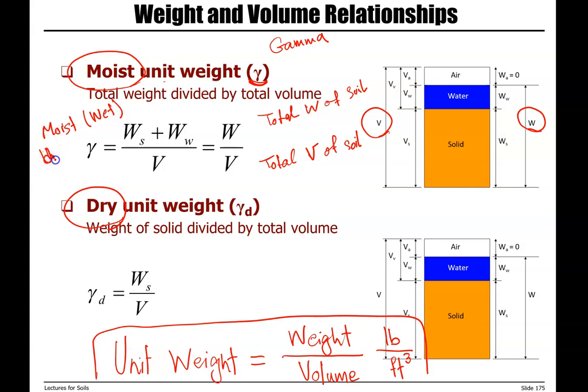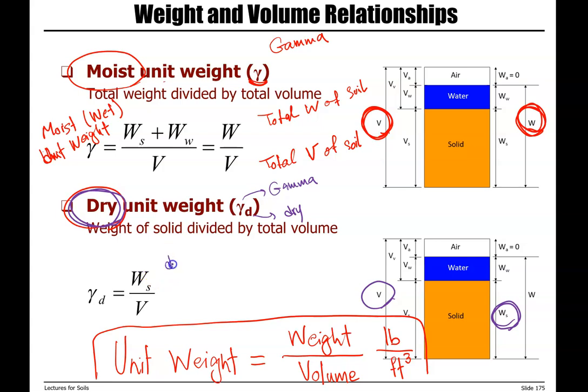Dry unit weight. Again, we are dividing total weight by total volume. Now, for dry unit weight, we use gamma D. Again, this symbol is called gamma, and this is for dry. So dry unit weight, or gamma D, is dry weight divided by total volume.